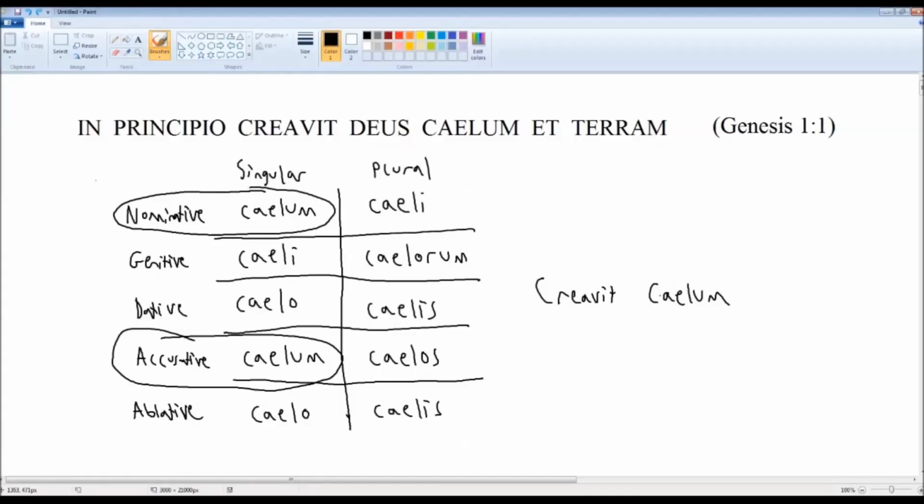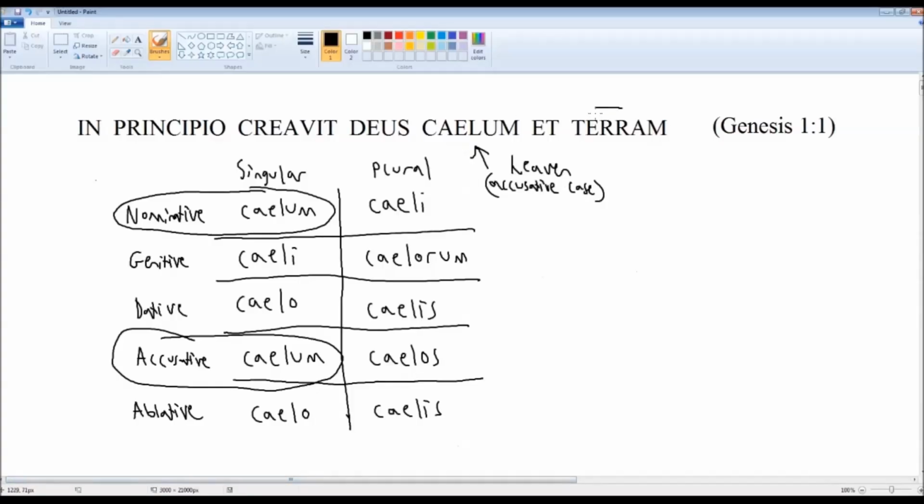It's the one doing the action. However, since we have God created, then we know caelum isn't the one doing the creating. So in our Bible verse, caelum is in the accusative case.